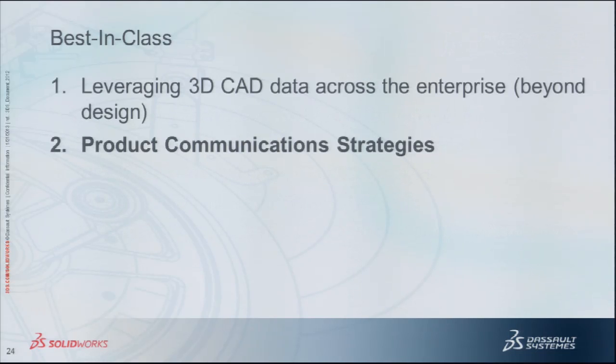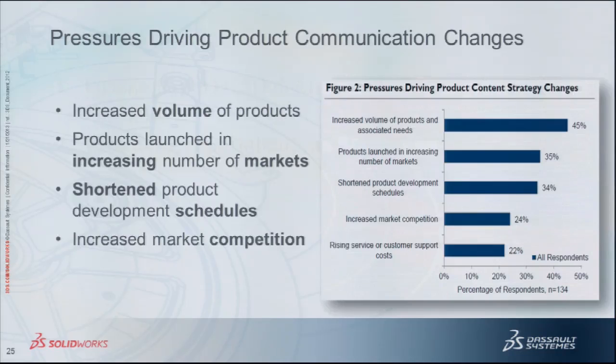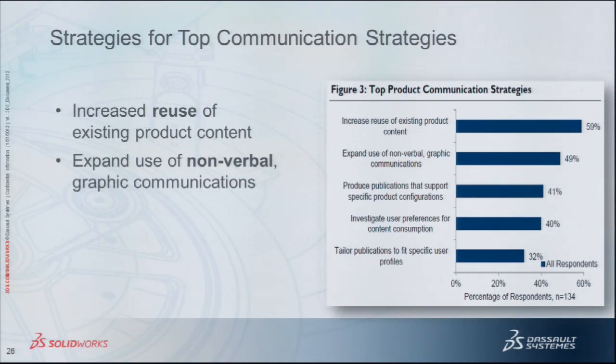Let's look at product communication strategies. Okay, you're going to see similar pressures as you did in the previous report, right? Increased products, market competition, shortened schedules, lower budget. Strategies that these guys are using is to increase your reuse, right?